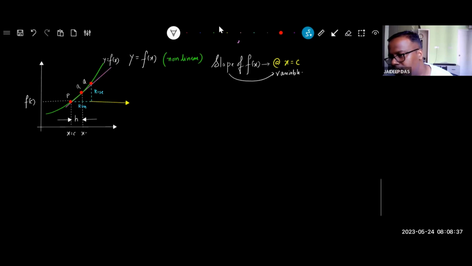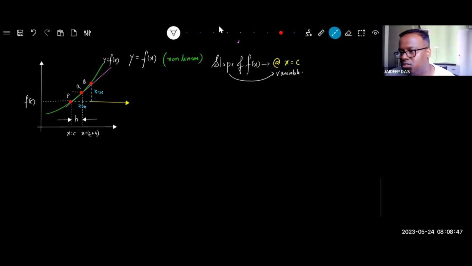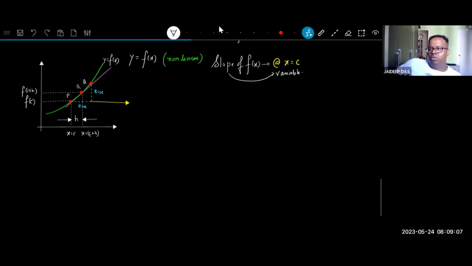So this point is x equal to C plus H. And then obviously I would say that this is f of C plus H. And she says, now look, sir, now rise over run will work. PQ looks like a straight line, and we can form a right angle triangle, whether you want to go by tan theta or rise over run. I said, are you kidding me?